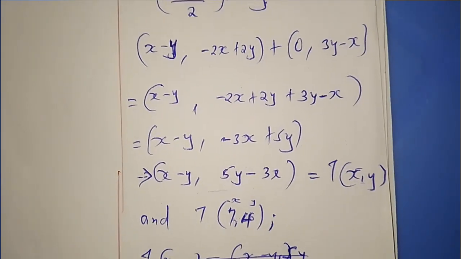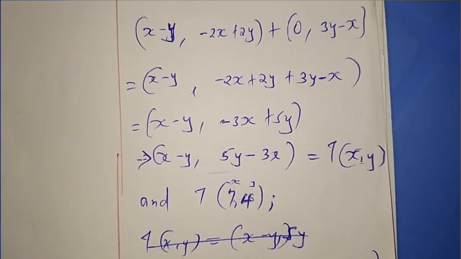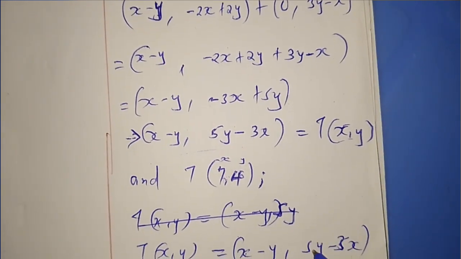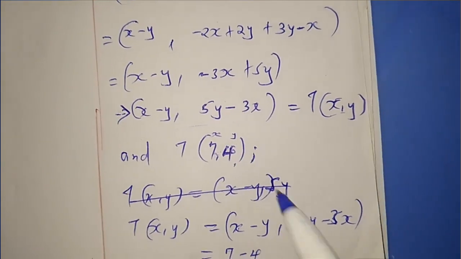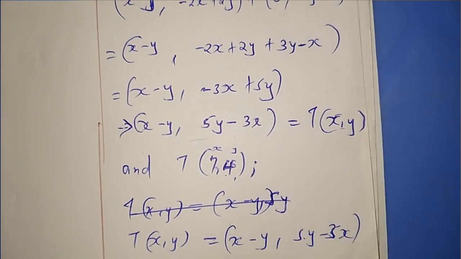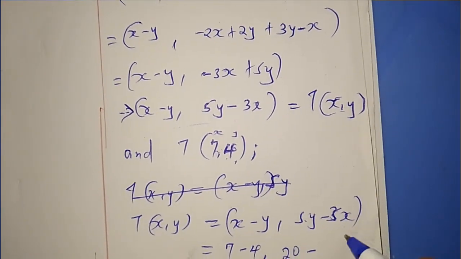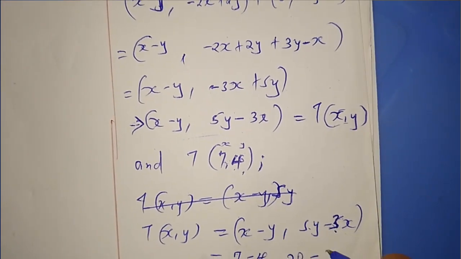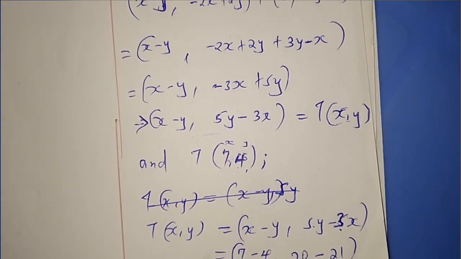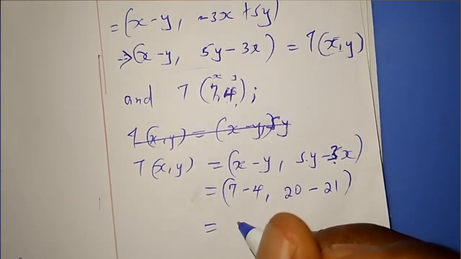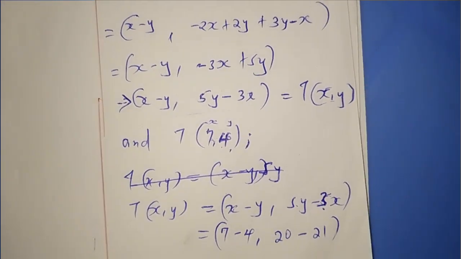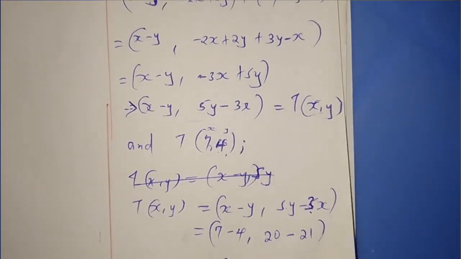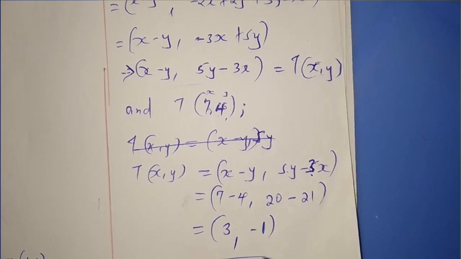So we have 7 − 4, then 5y is 5 times 4, which is 20, minus 3x, and 3 times 7 is 21. Now 7 − 4 is of course 3, and 20 − 21 is −1. So T(7, 4) is (3, −1). And we are through with the working.